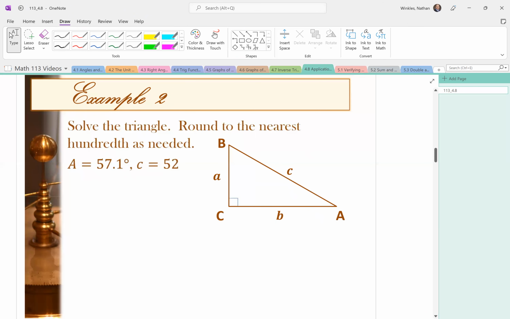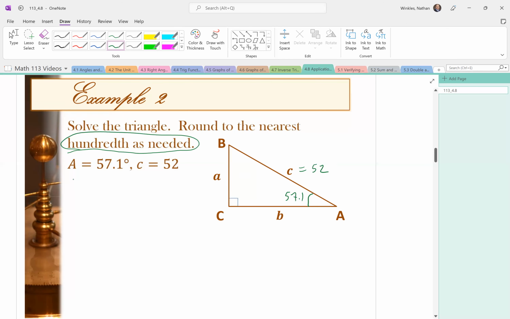Okay, in this case it says solve the triangle, round to the nearest hundredth as needed. So in other words, they don't want us to leave it as a square root like we did in the previous problem. They want us to actually find the decimal approximations. So angle A is 57.1, and side C is 52.